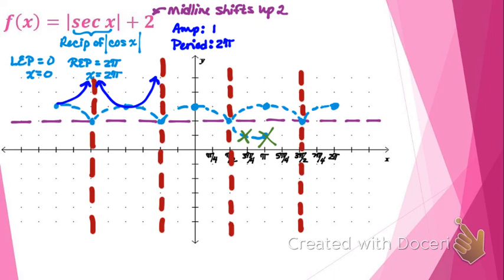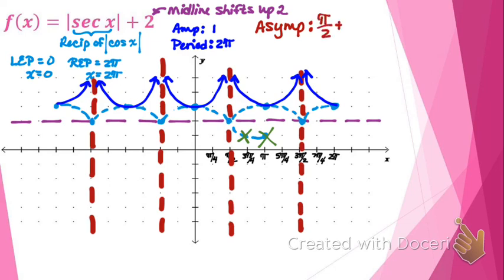There we go. My asymptotes are occurring where? At the top. I mean, what? Where are my asymptotes? Pi over 2. Pi over 2 plus pi n.